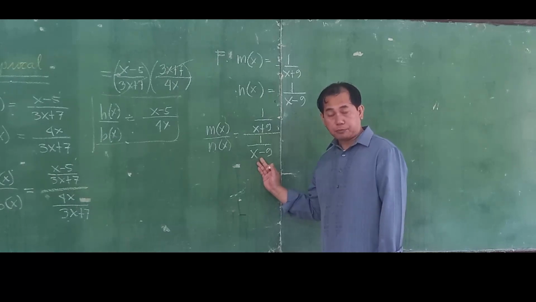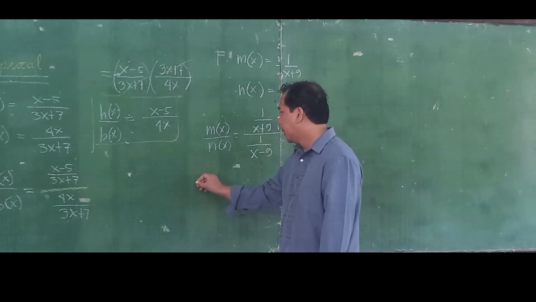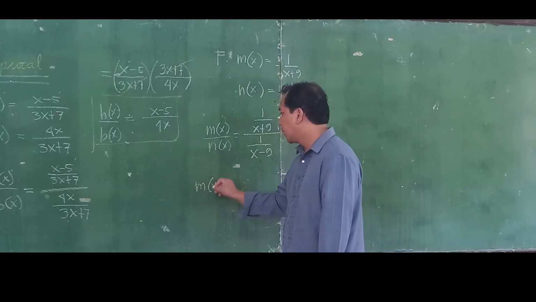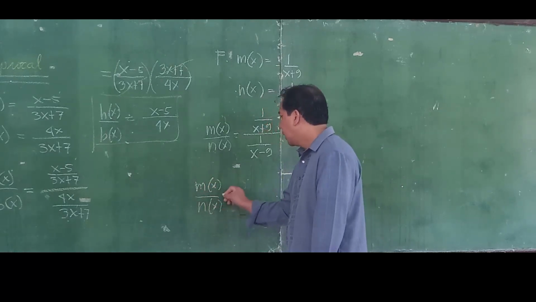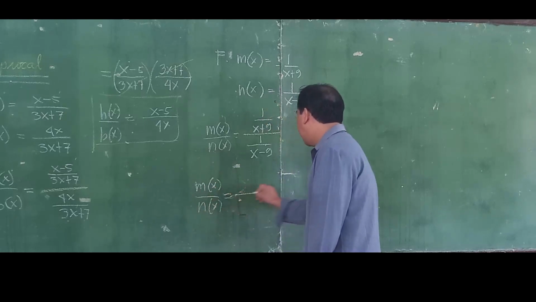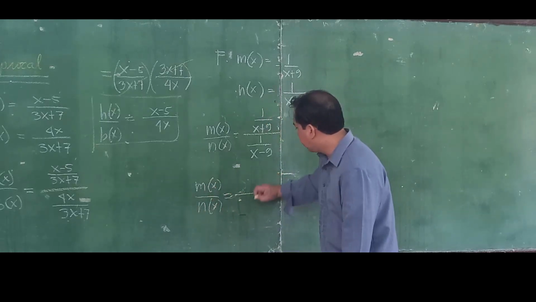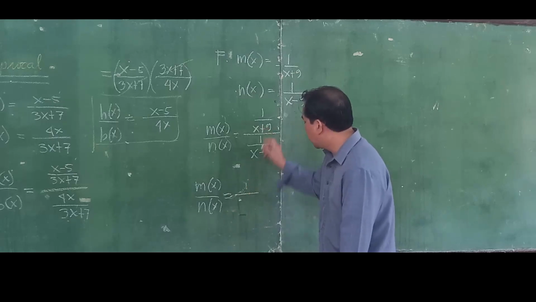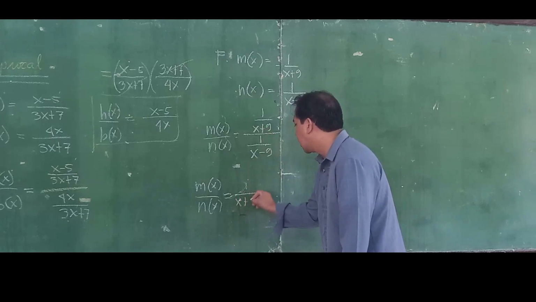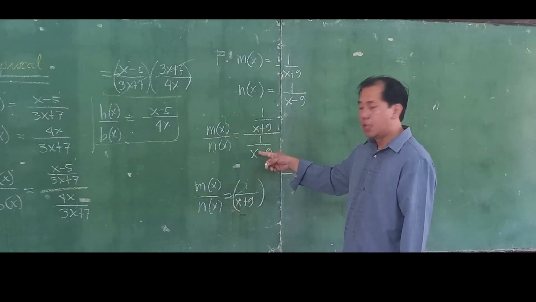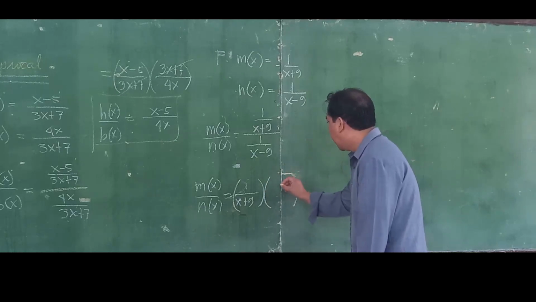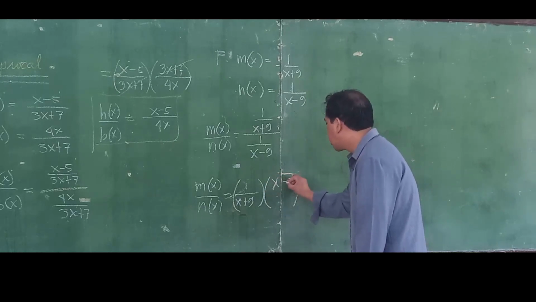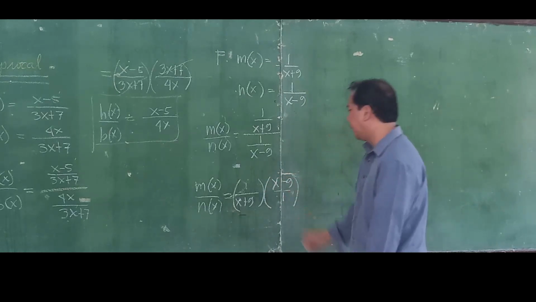Okay, so let's try to have them. m of x over n of x is the same as 1 over x plus 9 multiplied by the reciprocal. What is the reciprocal? That is x minus 9 over 1.